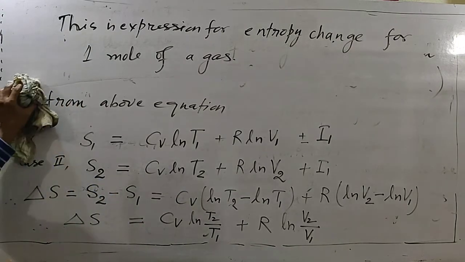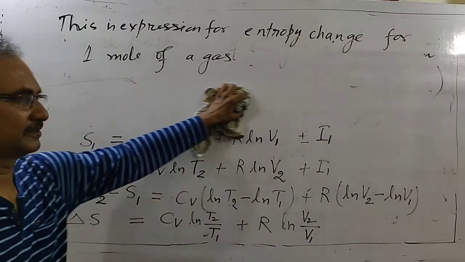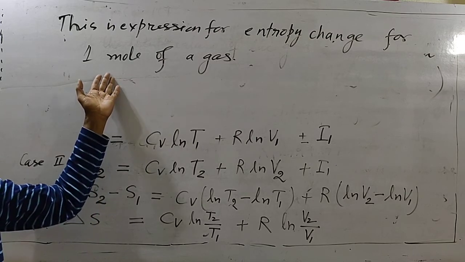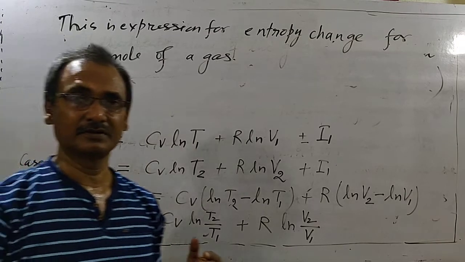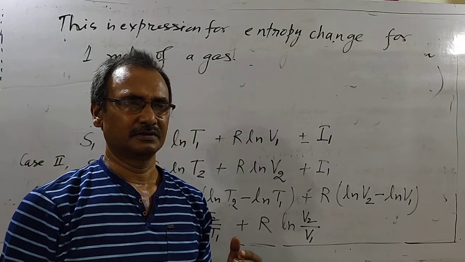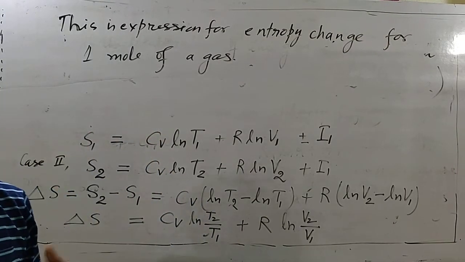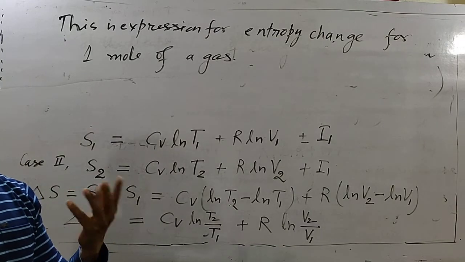If you take n moles of gas, since entropy is an extensive property, the entropy change will be multiplied by n.